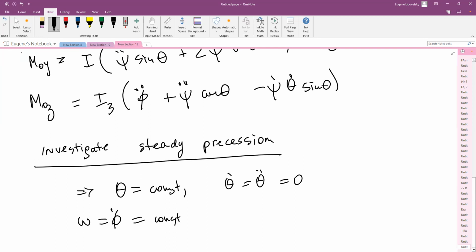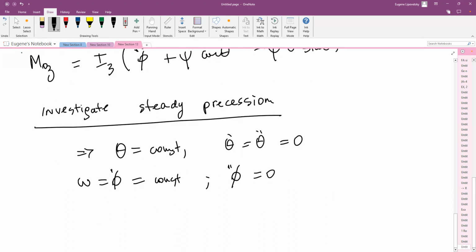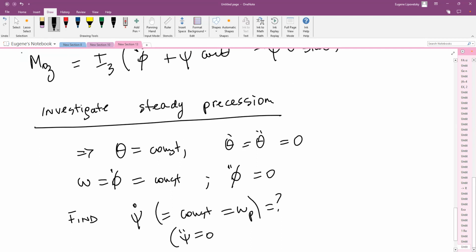All right, so spinning with a constant velocity. That means phi double dot is 0. Under these conditions, we need to find psi dot, the precession speed, which is a constant and equal to omega p. Of course, psi double dot has to be 0.